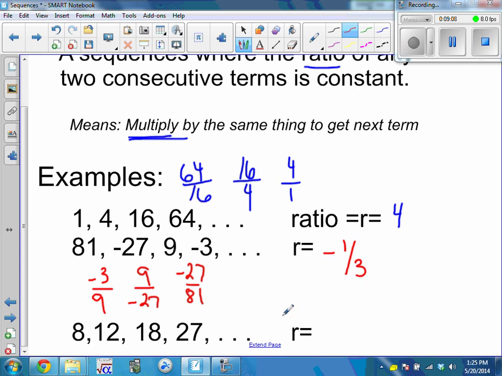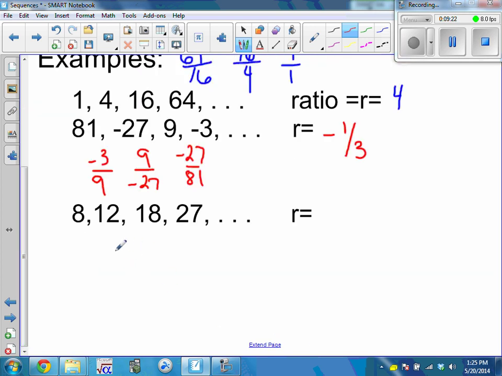Once again, I don't want to say, well, I divide by negative 3. You want to phrase it as, what am I multiplying by? For geometric. Just like in arithmetic, what am I adding? What am I multiplying by? Now, this can be harder depending on what we're multiplying by. Here, I have 27 divided by 18, 18 divided by 12, 12 divided by 8.